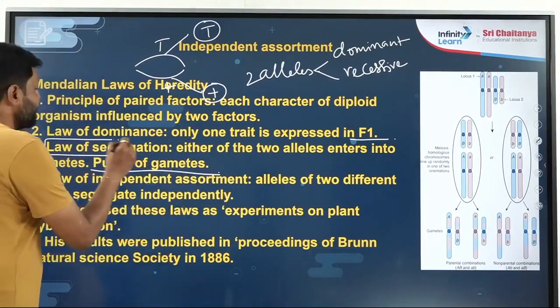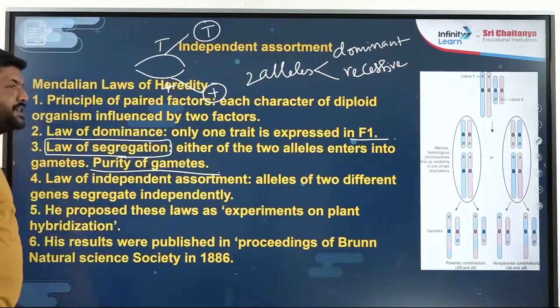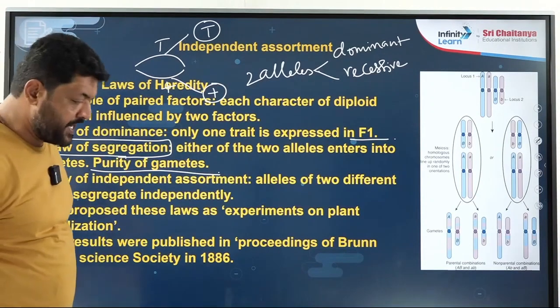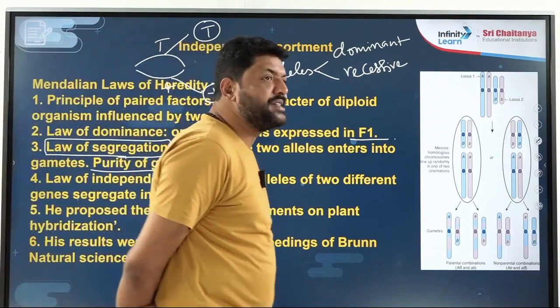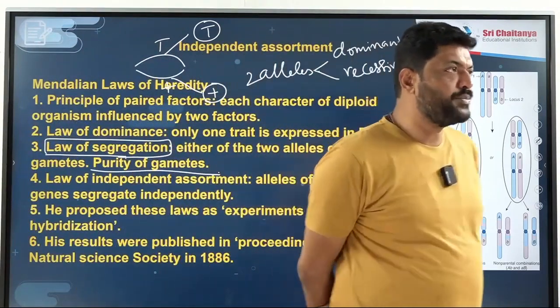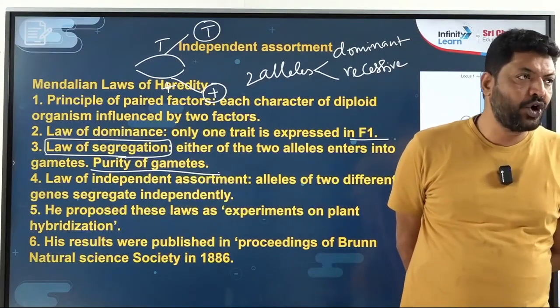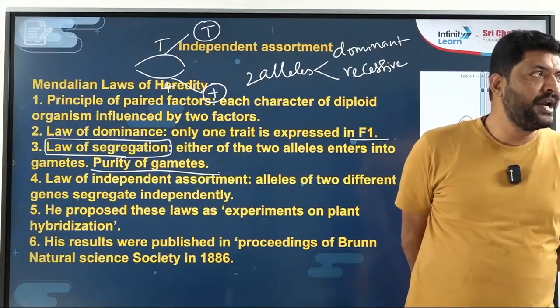And the law of segregation is one of the important strategies. This is the universally accepted rule of Gregor John Mendel. Why is the law of segregation universally accepted? The law of dominance is not universally accepted because of incomplete dominance, codominance, and multiple alleles.